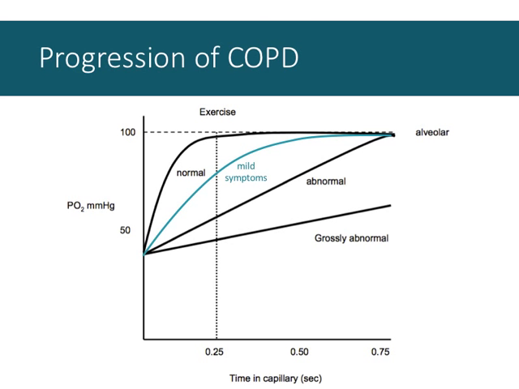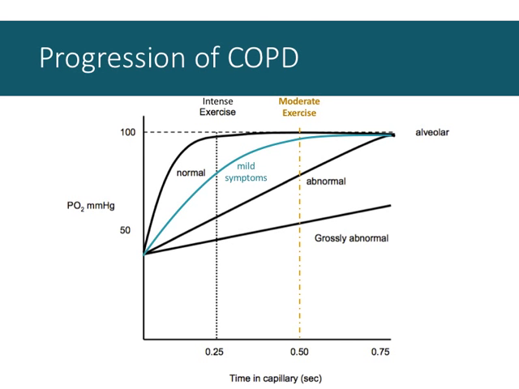So with mild symptoms, and let's call this intense exercise. With mild symptoms, maybe you only exhibit intolerance at really high exercise intensities. Normally we can exercise at high intensities just fine with full loading of oxygen. Maybe with mild symptoms you only exhibit intolerance to intense exercise, and more moderate type exercises are not a real problem.